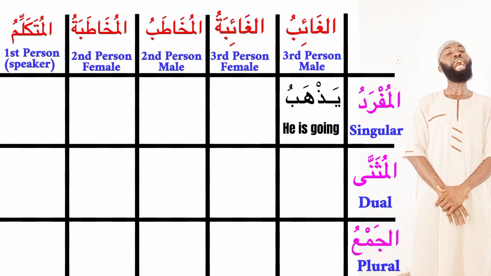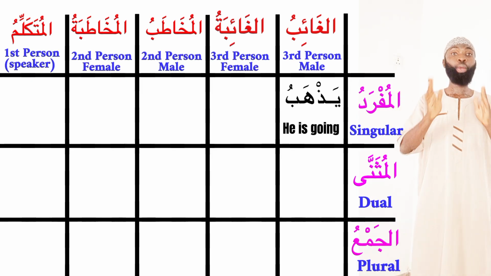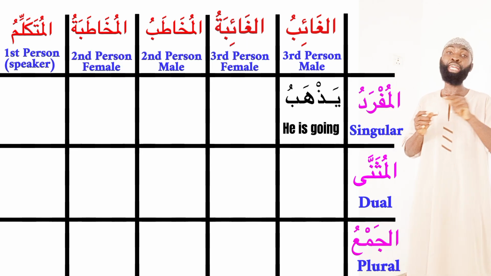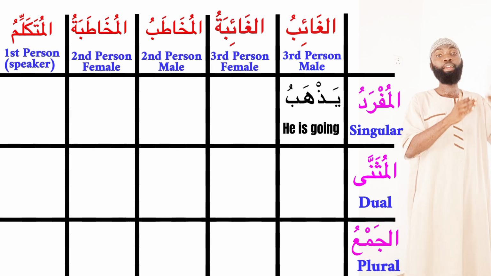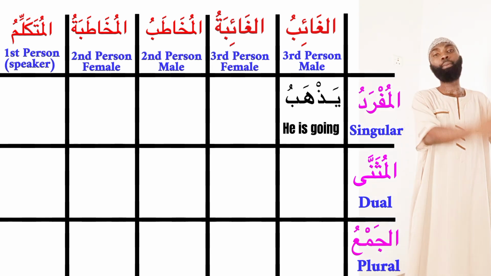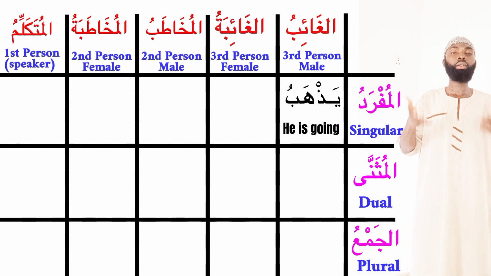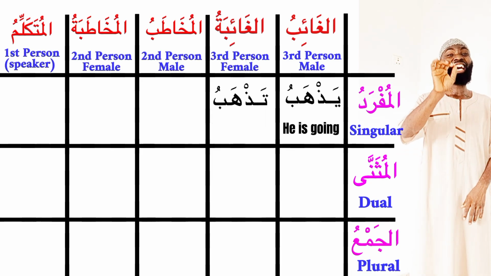Good. Now to the next box, which is under the second column, we have third person female. That is al-ghaiba. When the person you are talking about is singular and a female who is absent, or you are talking about her, now you would want to say she is going. No longer he is going, she is going. Simply, how do you say it? You simply say tadhabu.